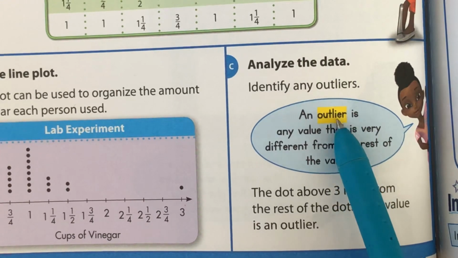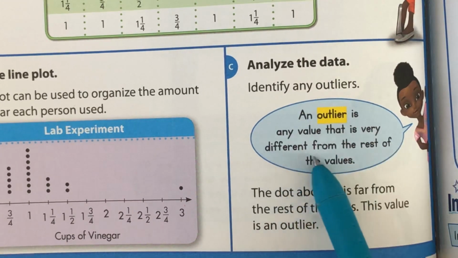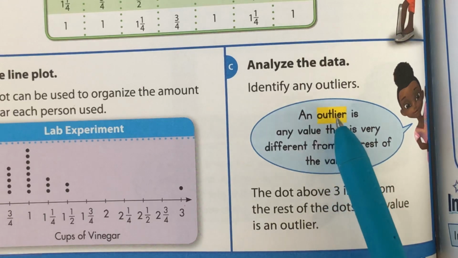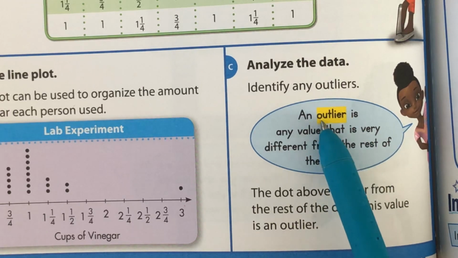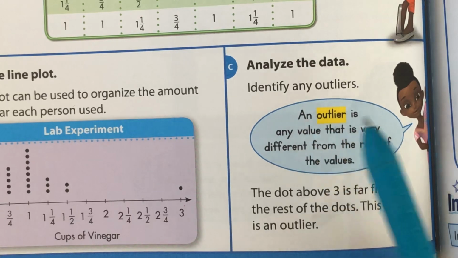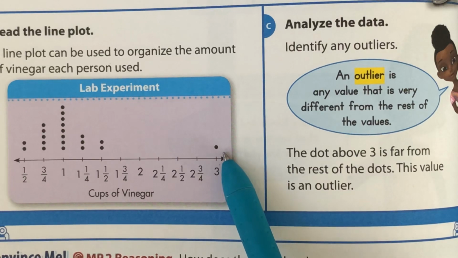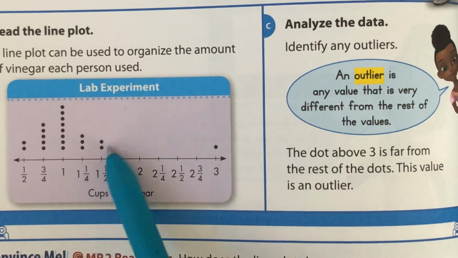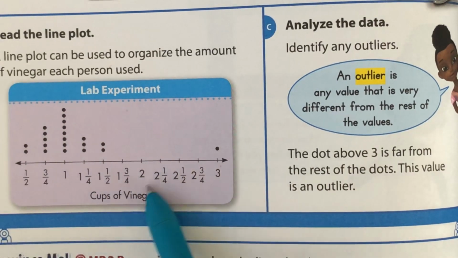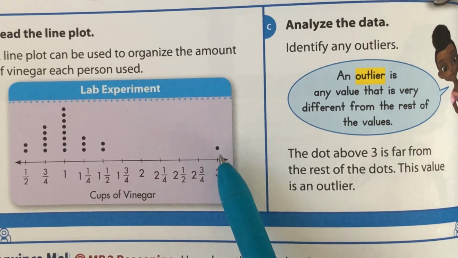An outlier is any value that is very different from the rest of the values. I like to think of an outlier as lying outside of the data. This 3 cups, that one person who used 3 cups, lies outside of the rest of the data. It's far away from everything. So that's called an outlier.